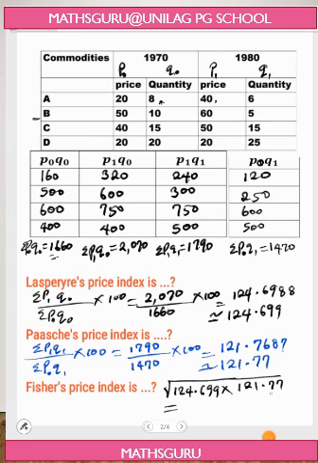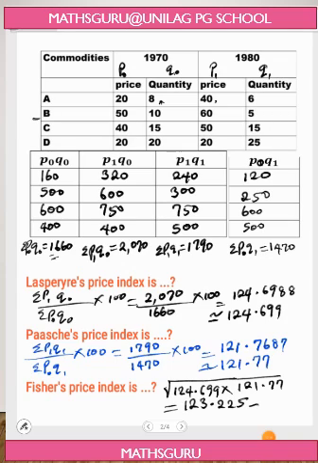So multiply this by this and take the square root quickly. We're going to have 123.225.